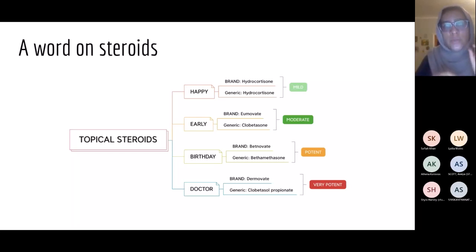That's how little steroid you need, because with steroids there are going to be side effects, things like hypopigmentation and irritation. If you use it prolonged, and particularly with higher strengths, you can start getting systemic side effects. So you want to make sure you are counseling patients on using topical steroids properly.